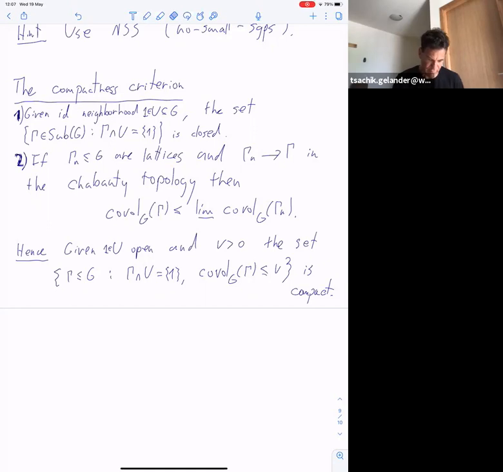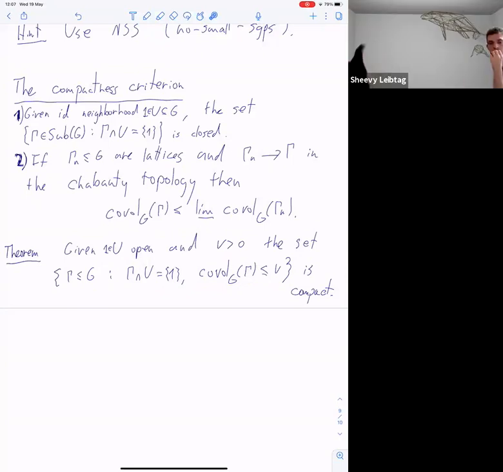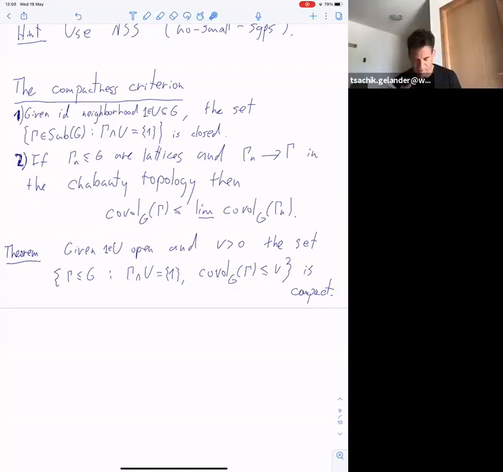Let me call this the theorem. Given U and V, the set of all discrete groups or lattices that intersect U trivially and of covolume at most V is compact.